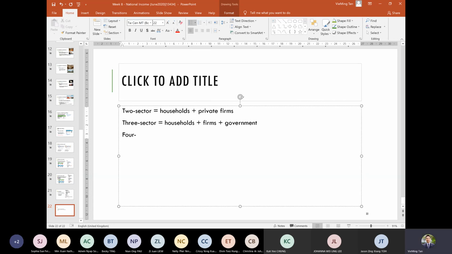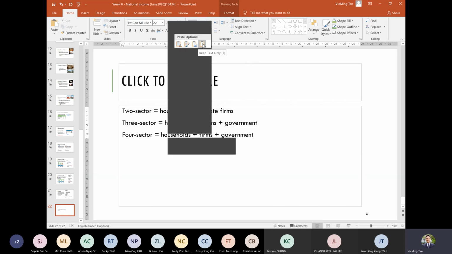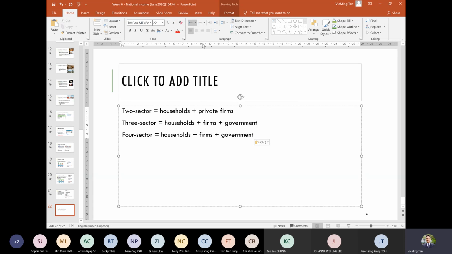Four sector economy is involving four parties, which are household, firms, where firms refer to the private firms, government, and another one would be international trade.